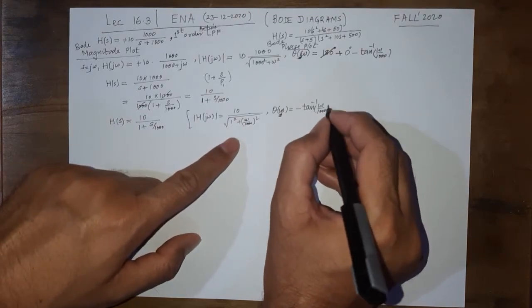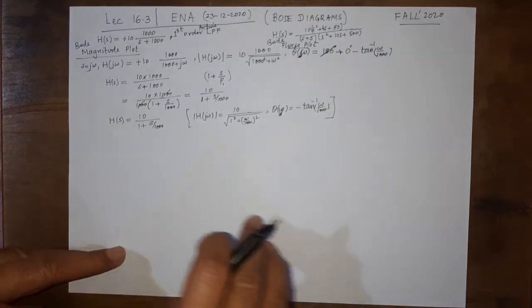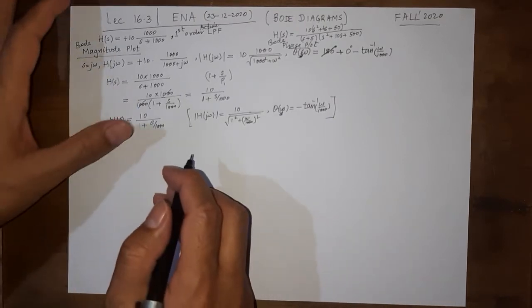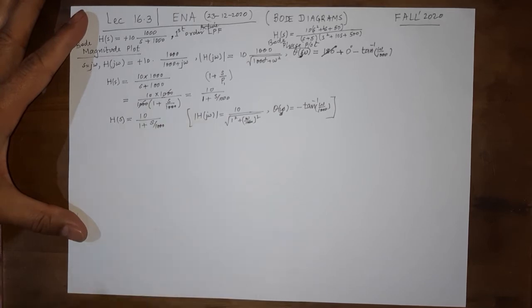So we see we got the same thing, but this is a convenient way of working with transfer functions if we have to deal with Bode plots.